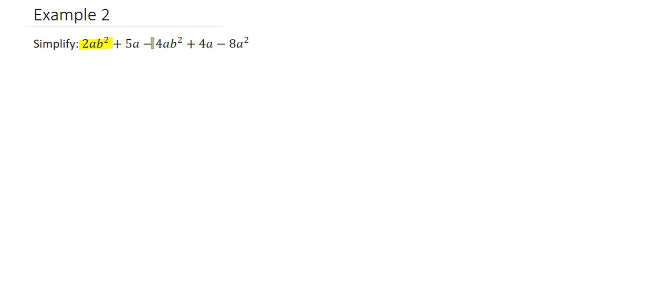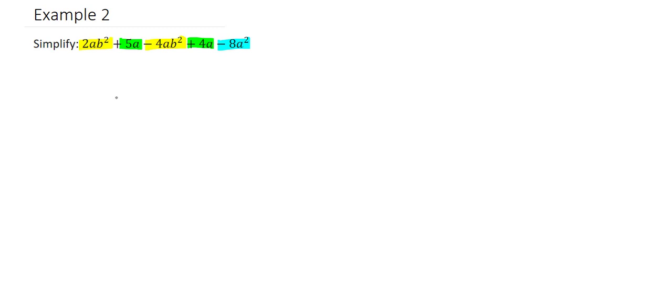It's ab squared, so it's exactly the same. So we're just going to highlight that. Then we have nothing else that looks the same. Then we have 5a. Notice that this is just 4a, so we're going to do that. But then notice that this is an a squared, so that's actually a completely different term. So we would just highlight it like that.